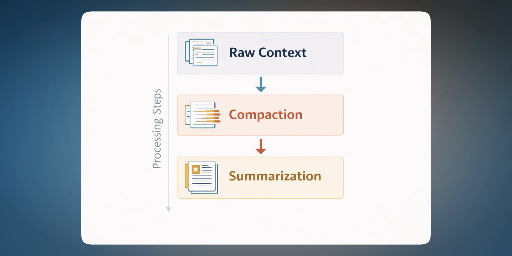When that gets too big, then apply compaction, and only when compaction is not enough, use summarization on the oldest part of the history. Well, so far so good. As you know, managing the context window of a single agent is a real challenge, but managing context for a team of agents is where systems either shine or completely fall apart.